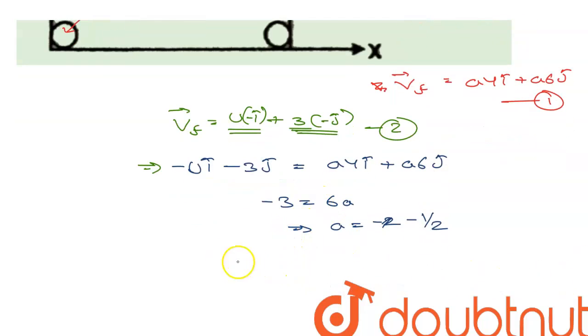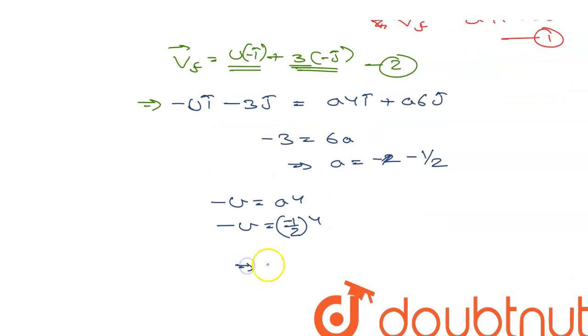Similarly, minus u should be equal to 4a, which means minus u is equal to minus 1 by 2 times 4, which means u is equal to 2 meter per second.